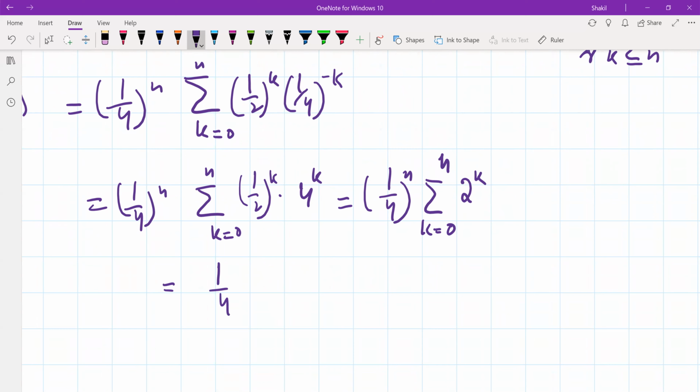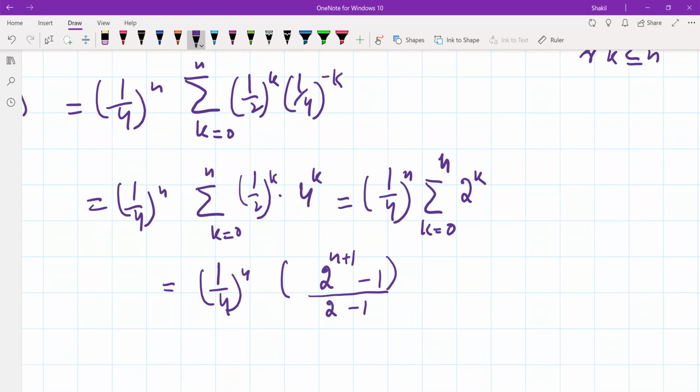So it will be (1/4)^n times the GP sum. If I remember this sum exactly, since the common ratio is 2, this will be the ratio raised to the last term plus 1, so n plus 1, minus 1, divided by the common ratio minus 1.